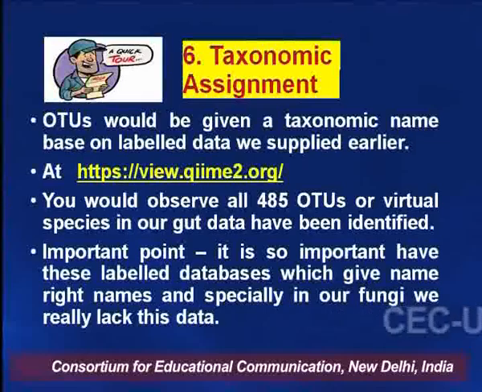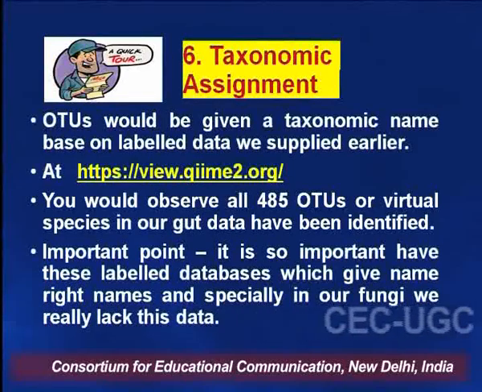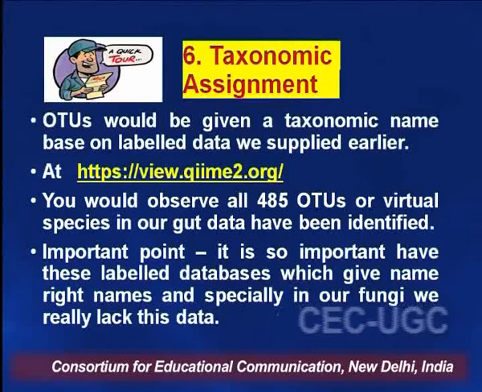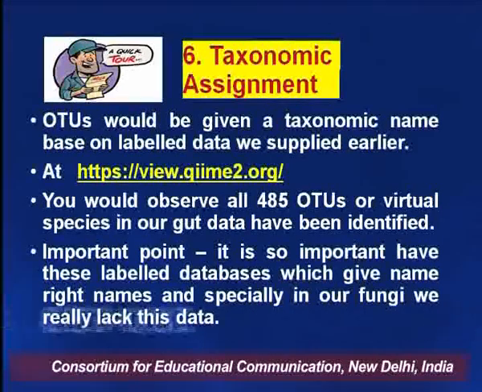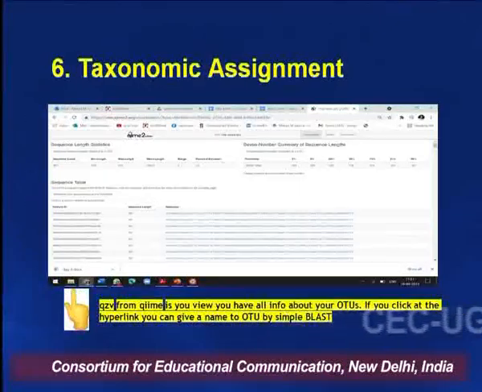Once I know they are 485, I would like to give them a name. Again, QIIME has designed a site for this; if you copy and paste, you can go there and observe your OTUs, and they take you directly to BLAST if you want to study them further. They give you a hyperlink, and then you can give names to all your sequences.